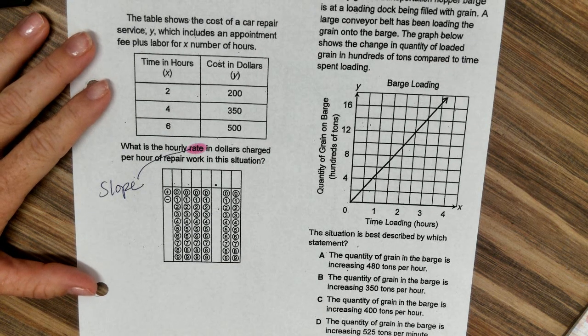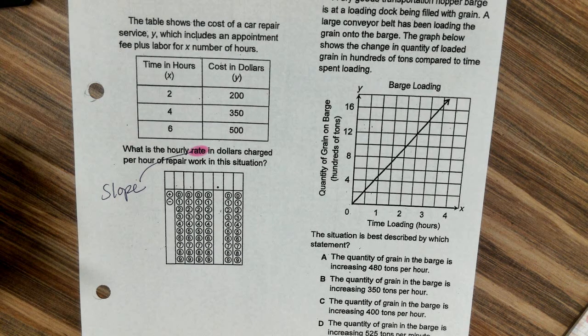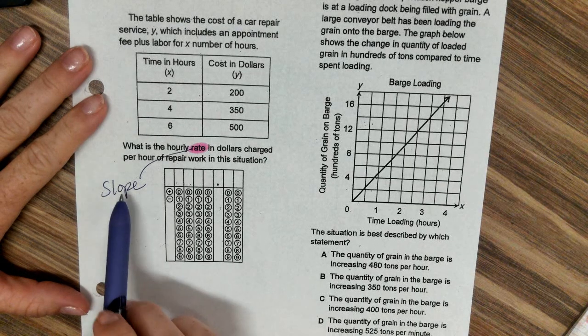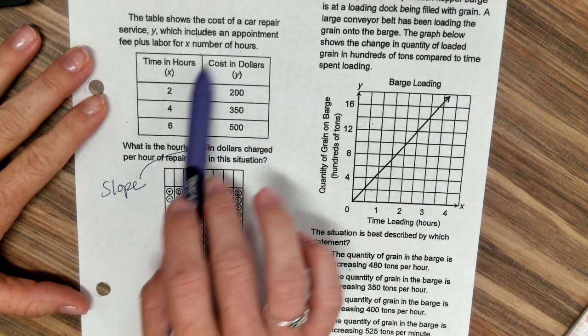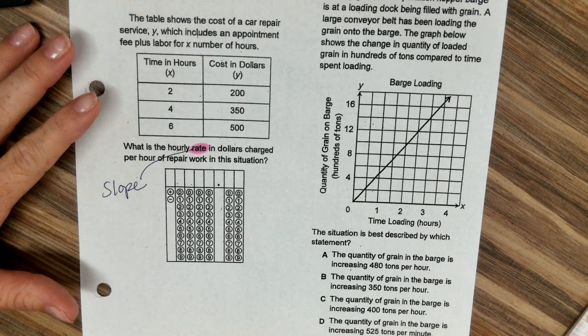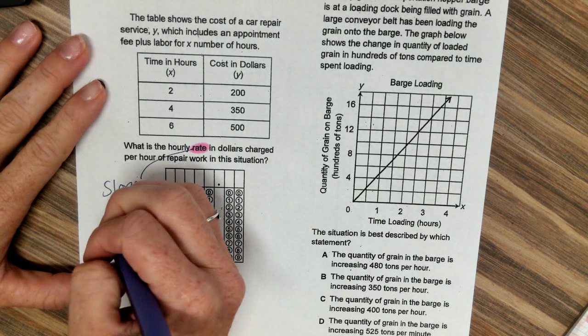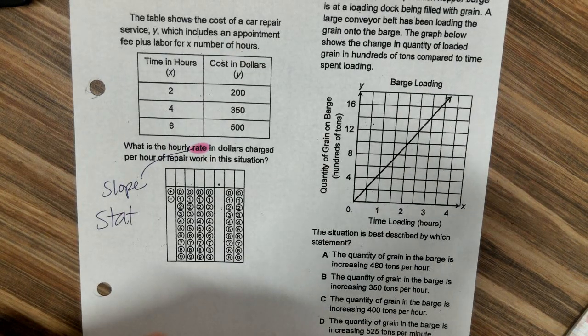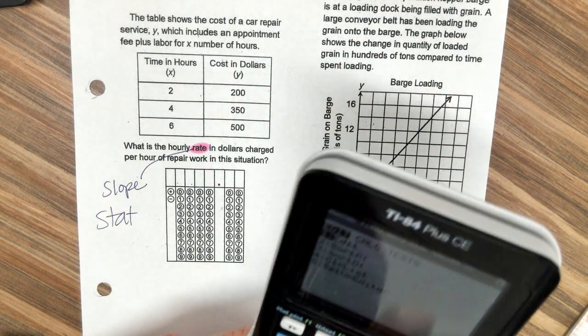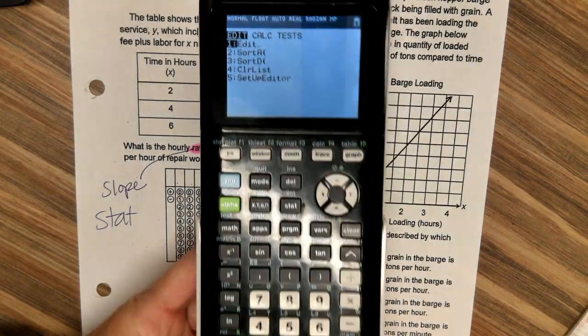So can I use stat to find the slope? So where would I go to find slope? With a table. What button in my calculator? Stat. So everybody go to stat. I should see everybody paying attention and participating.